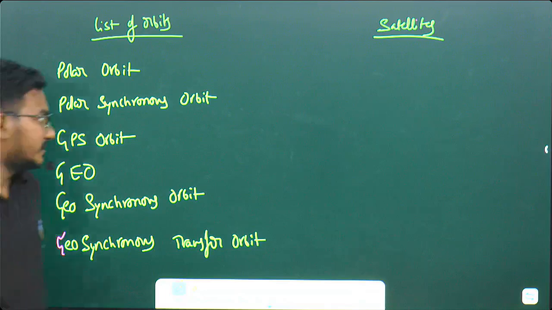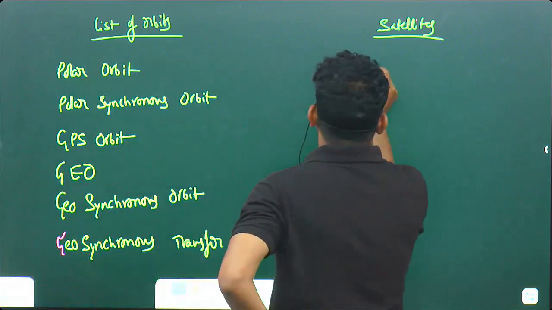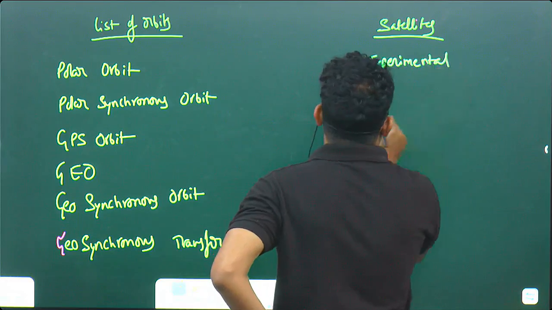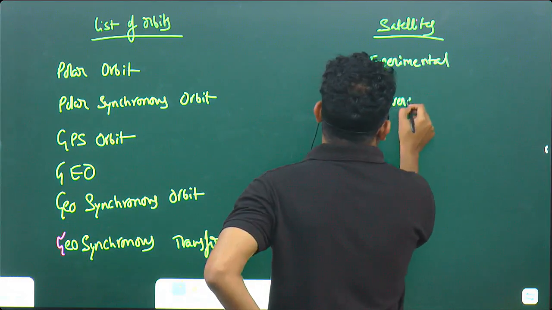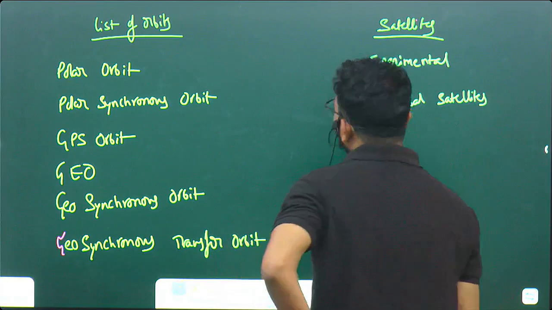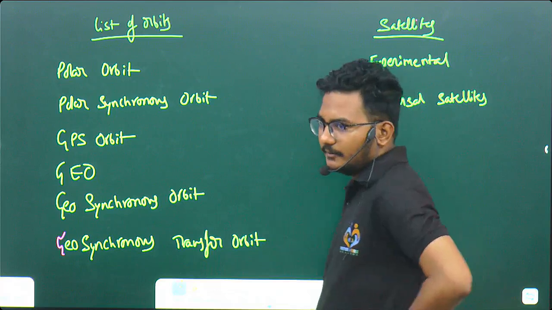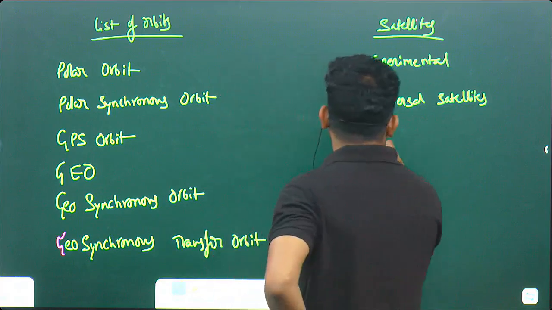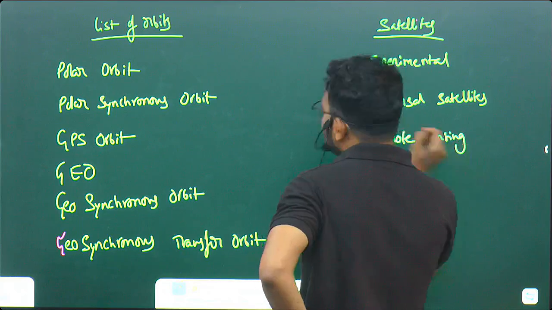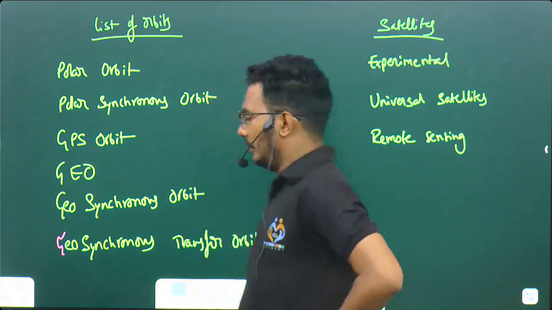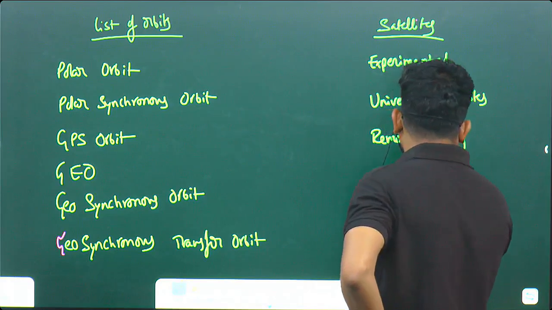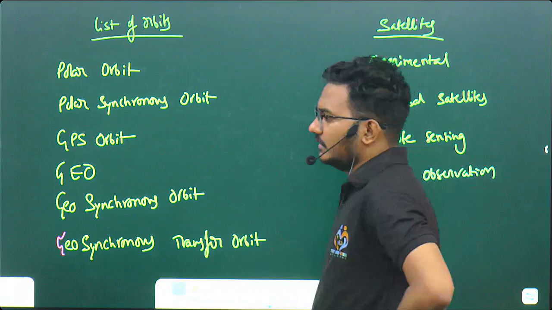Okay, next, satellites: experimental satellites, universal satellites, remote sensing satellites, and then Earth observation satellites.